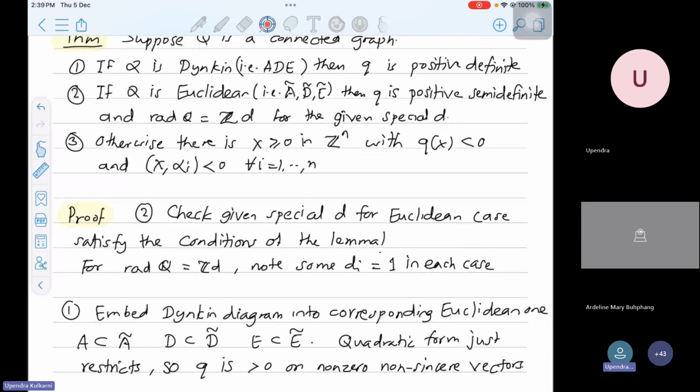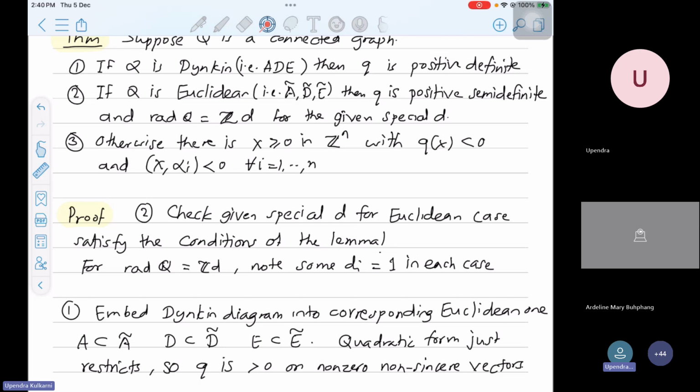Remember that every Dynkin diagram, so I'm starting with a Dynkin diagram, has a corresponding Euclidean diagram where I just add a vertex. So for type A, I just put another vertex and complete the cycle. For type D, I add a vertex at one of the ends so that there are two trivalent vertices. And likewise for E, I add one vertex somewhere.